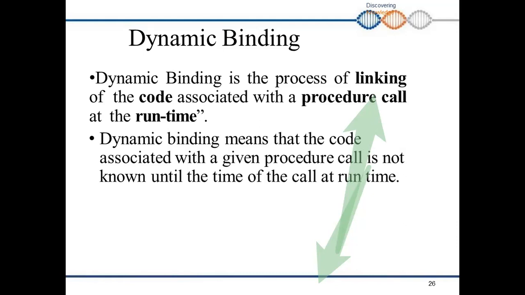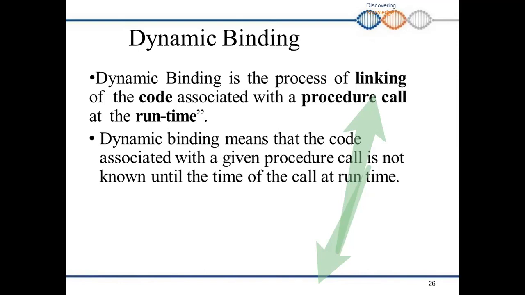If we define a function sum and call it somewhere in the code, that call will be connected to our sum function definition. So when we call, it goes to the definition of the sum function and executes that code. That binding can be done at runtime or compile time.